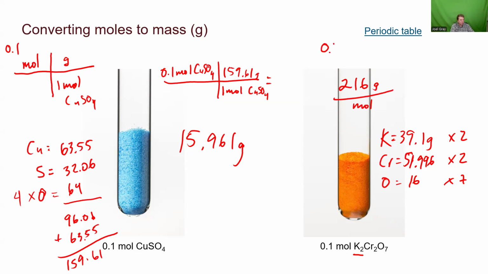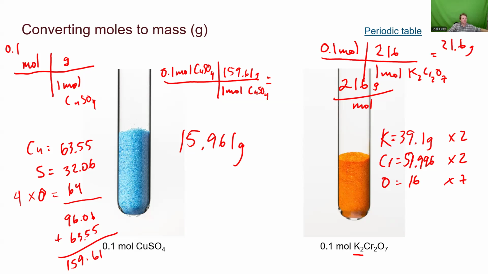So 0.1 mole and then 1 mole of K2Cr2O7. That's going to be 0.1 times 216 equals 21.6 grams of that substance.